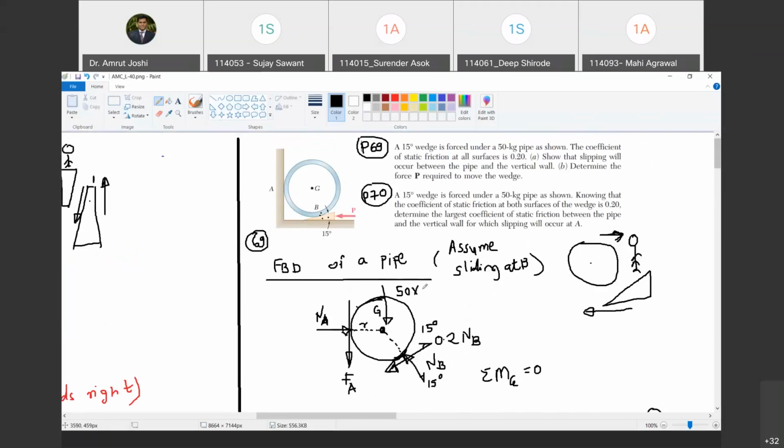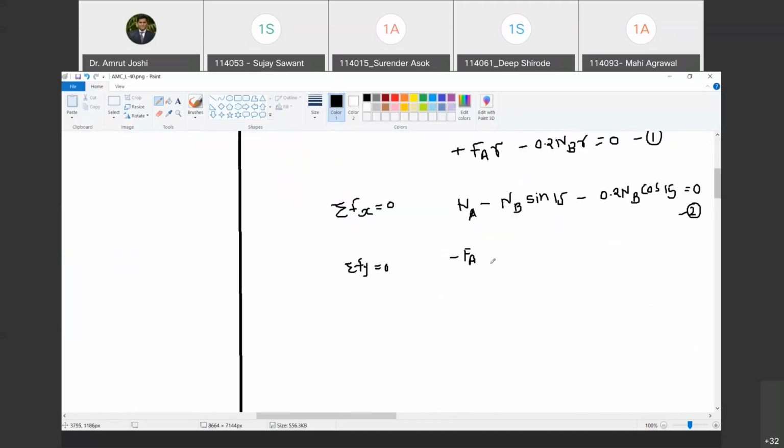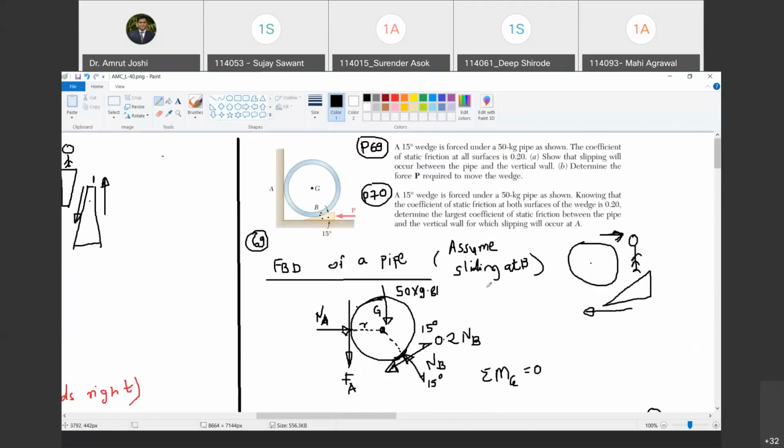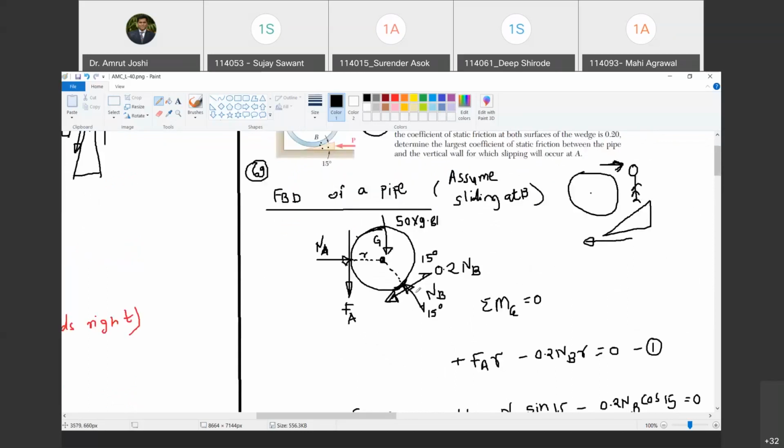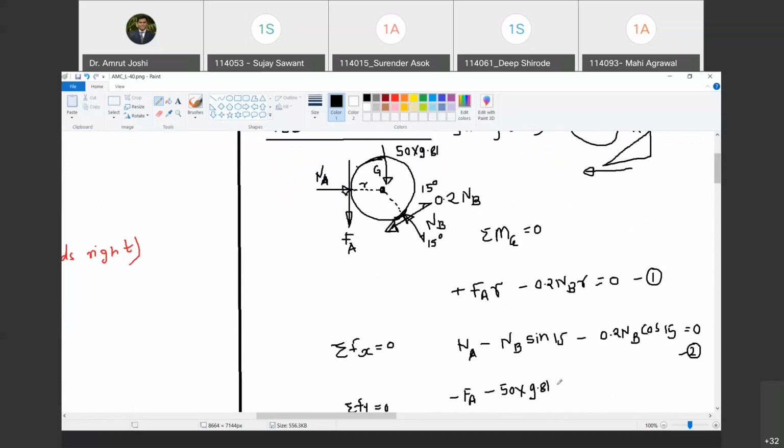Do you agree with me? Yes, sir. So now tell me: minus 50 into 9.81. Happy? Yes, sir. And which other components will come? Plus NB cos 15.